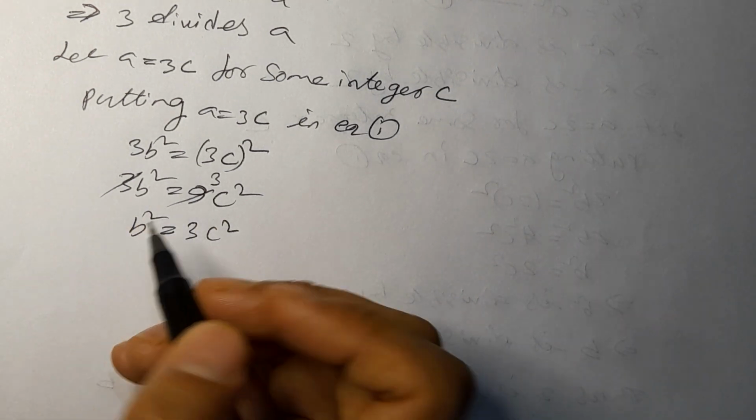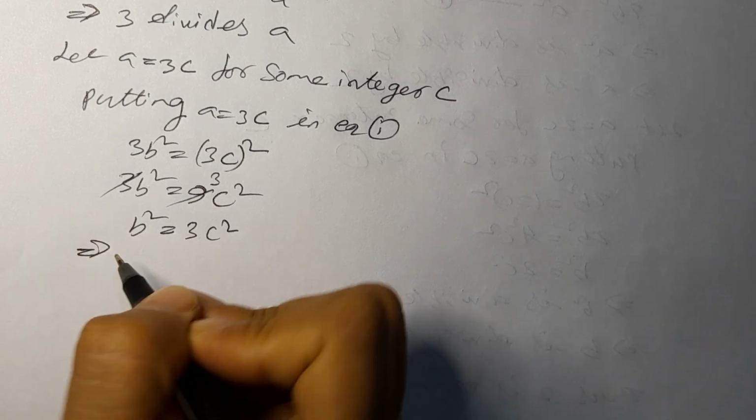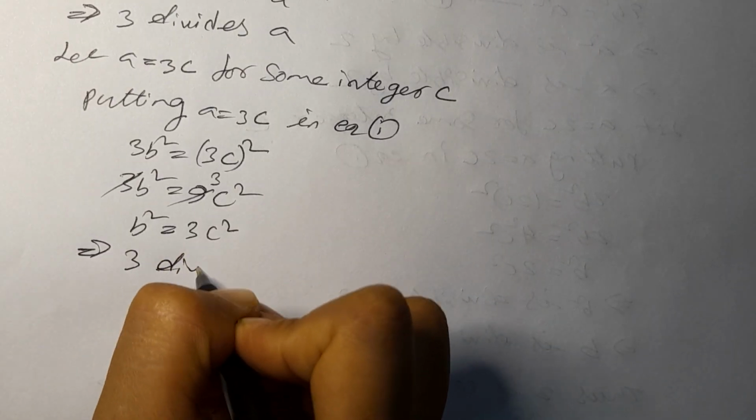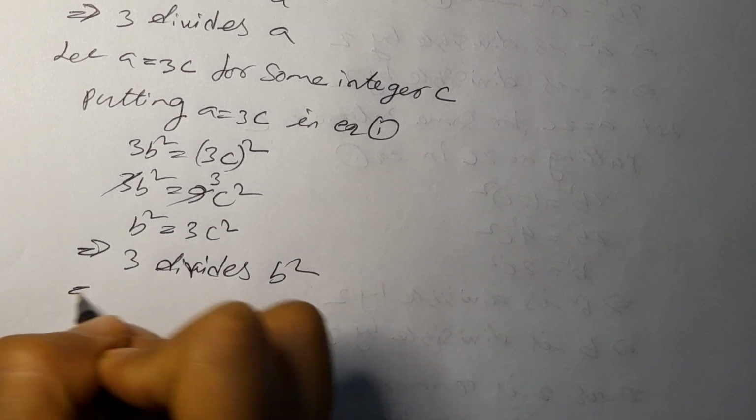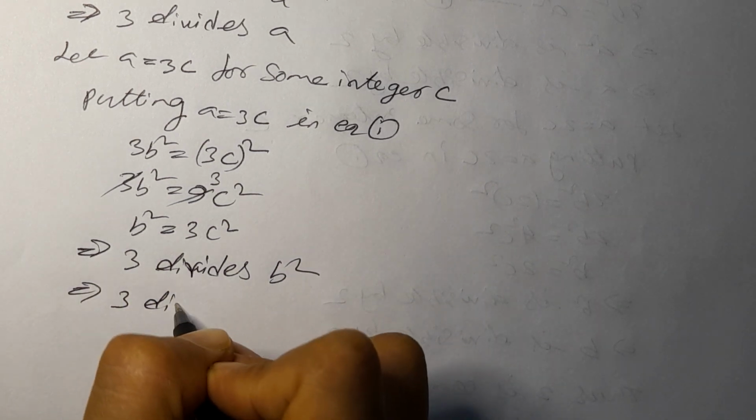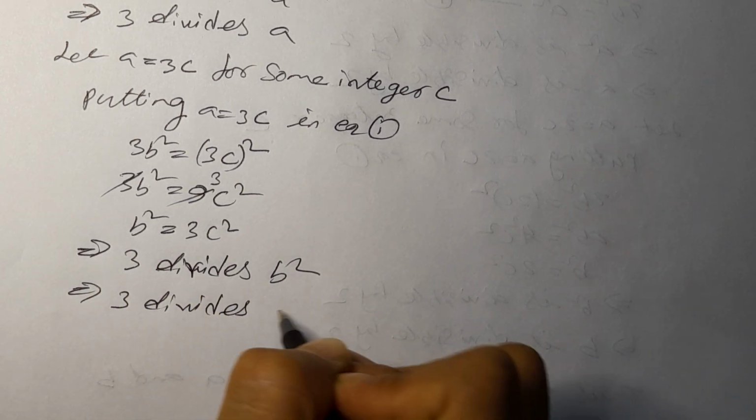So 3 divides b square, implies 3 divides b.